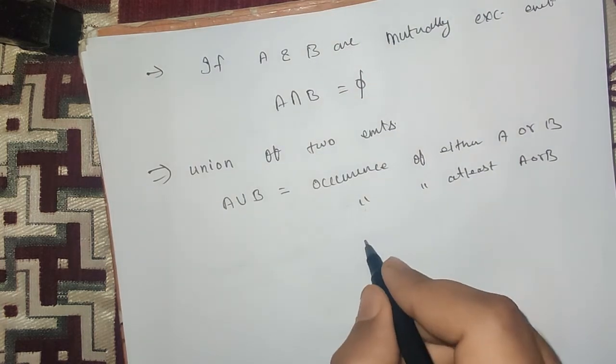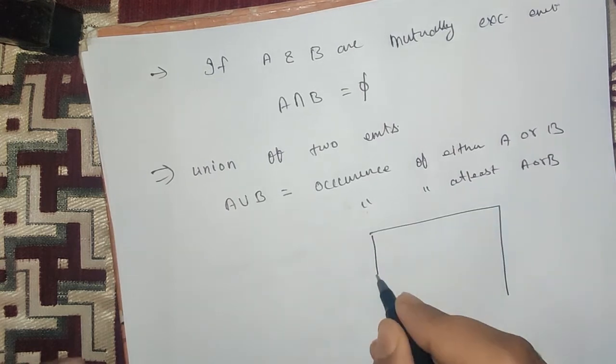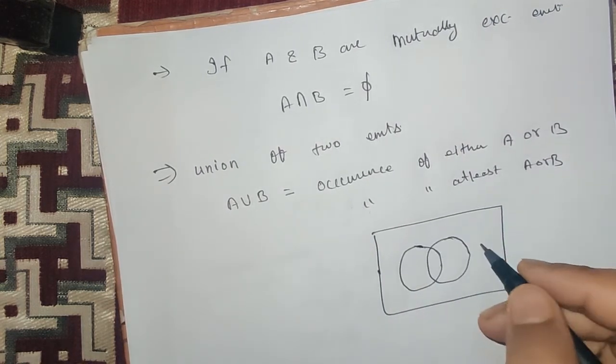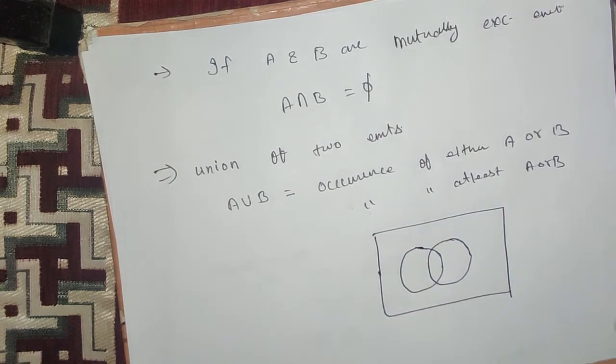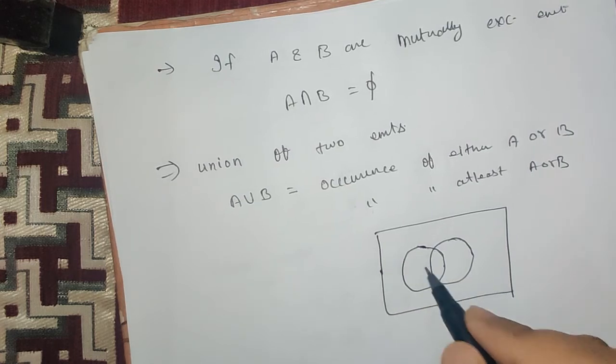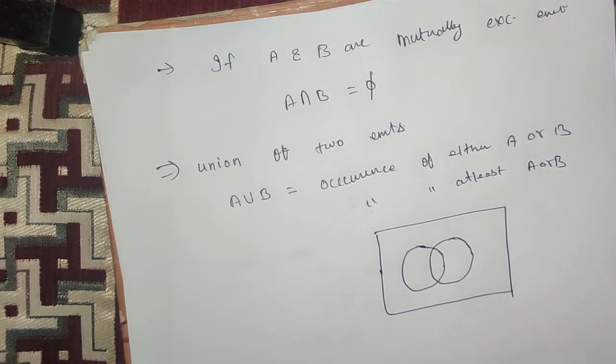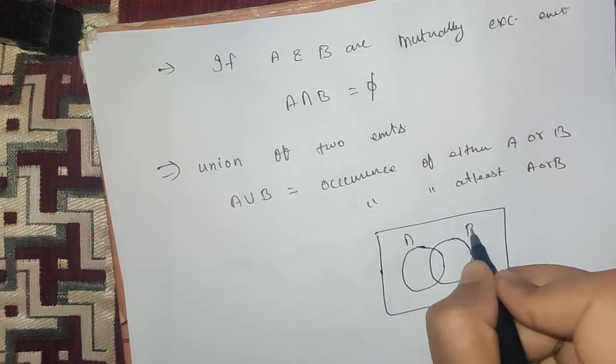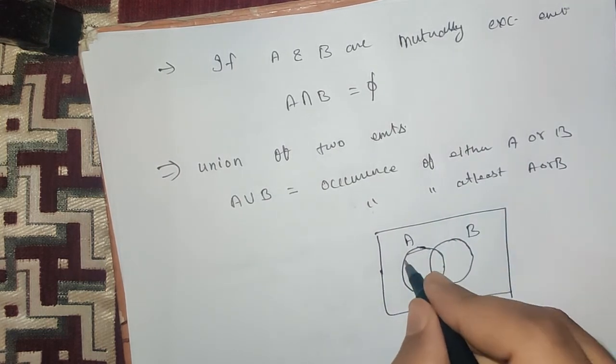So we will discuss it through Venn diagram. If this is A and this is B, then either A or B occurs, so at least one event will occur. In this case, this is the sample space, this is A and this is B, so A union B will be this.